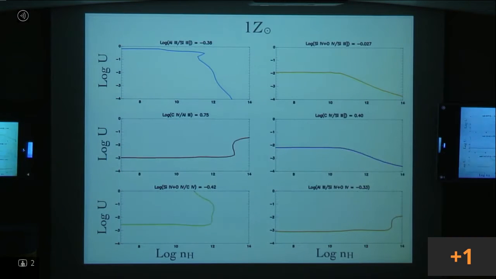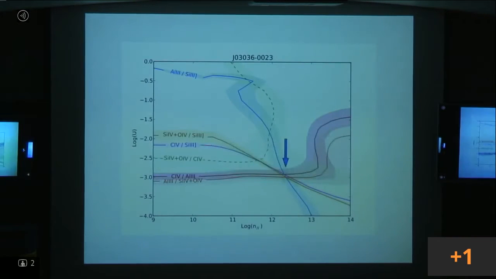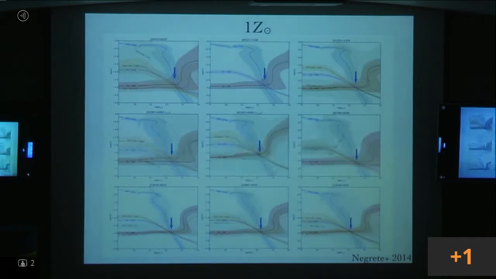And we put them all together, and we see that we have here a crossing point. With this crossing point, we can retrieve the density and the ionization parameter. And we do the same for the rest of the objects. And we see that we have 2 objects where the crossing point is not very good.